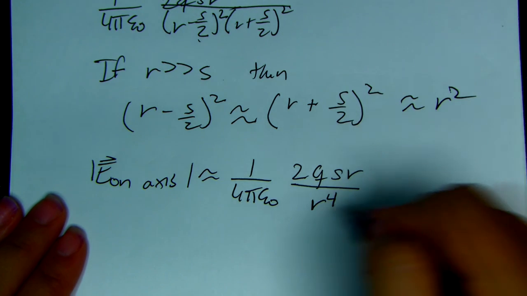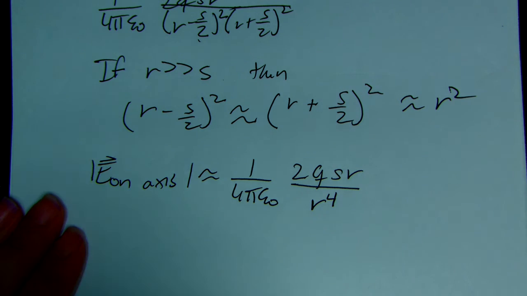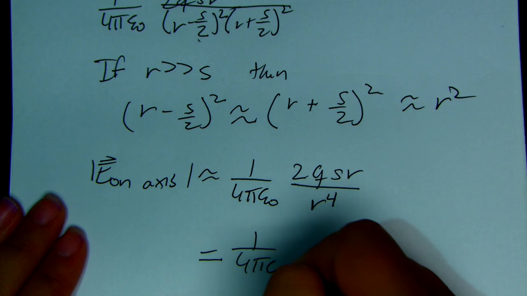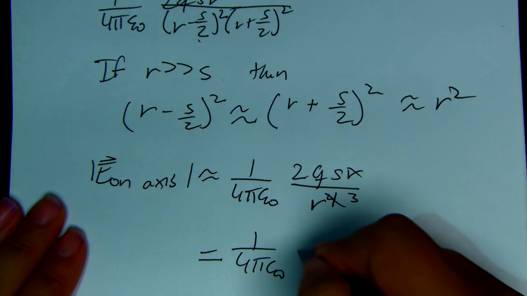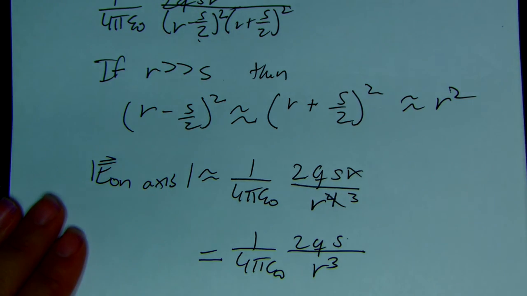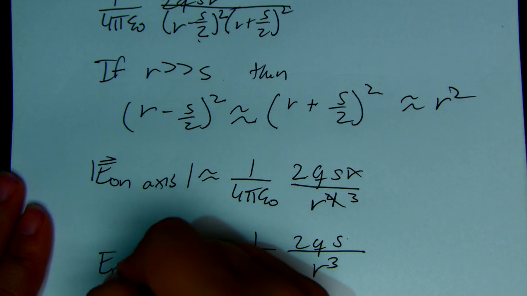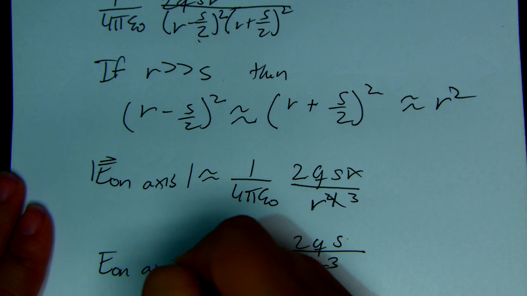And if this doesn't make sense to you, you should prove it to yourself. And then, of course, this is 1 over 4 pi epsilon naught 2qs over r cubed. So this would be the approximation for the electric field on axis.